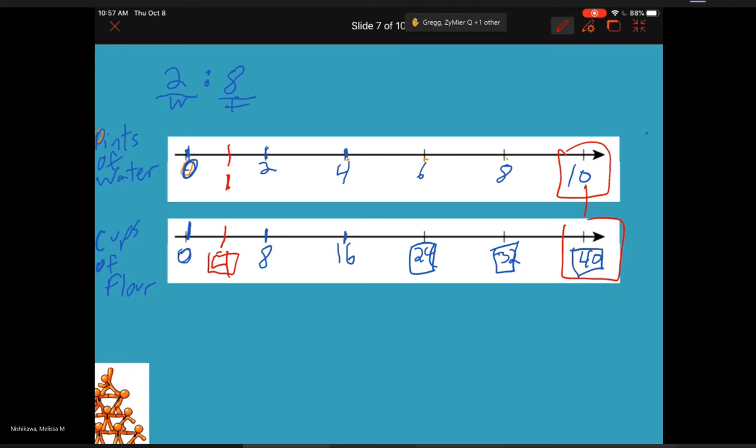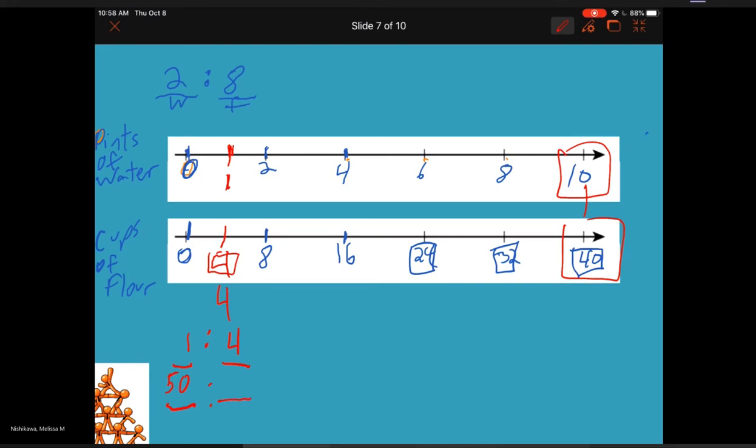So, I'm going to write it down below here. If you see where I'm writing in red, if we had 1 unit of water, how much flour? Because now I could ask you, so we have our ratio of 1 unit of water to 4 cups of flour. What if we have 50 pints of water?